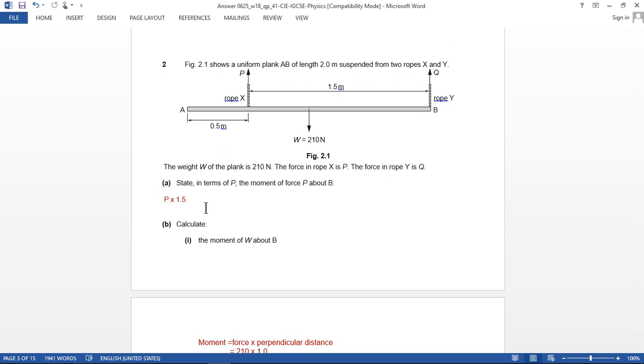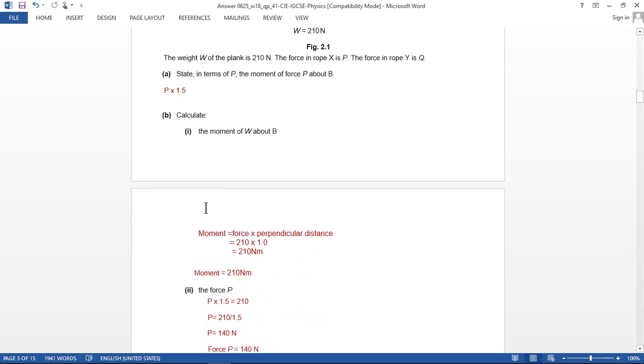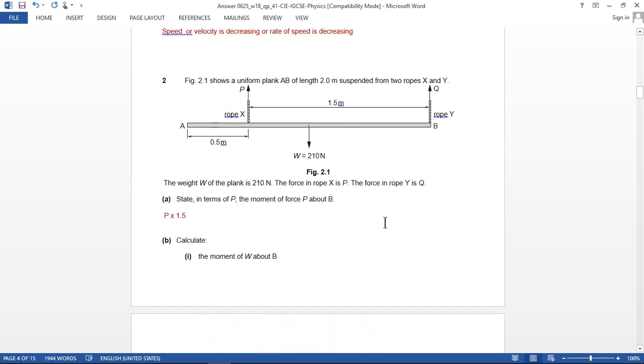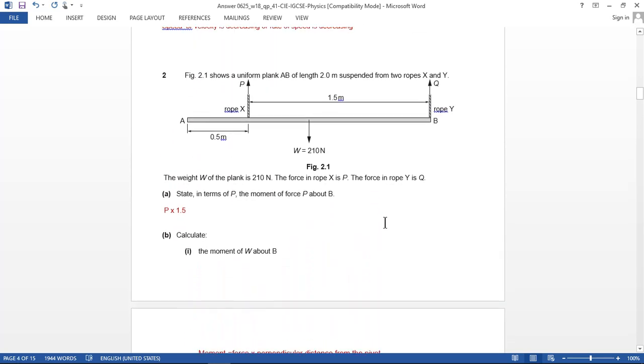Now we will move to the second part. They're saying calculate the moment of W about P. Now what is the formula for moment? Moment equals to force multiply the perpendicular distance from the pivot. Okay, now if you see the distance, you can see here, that is 1 meter.